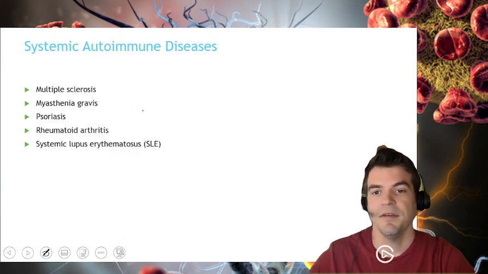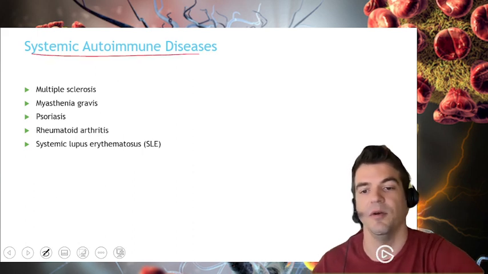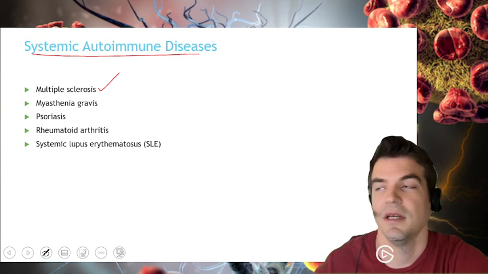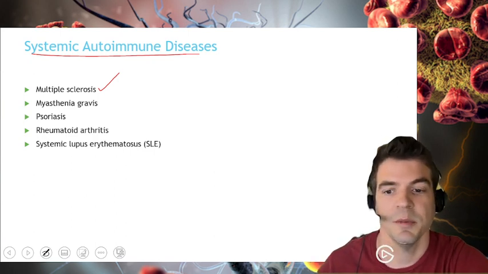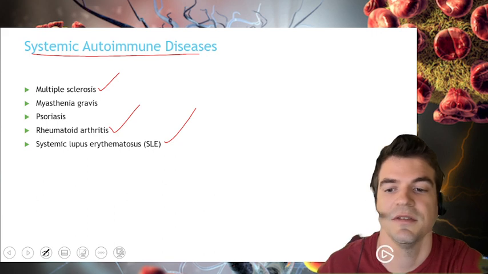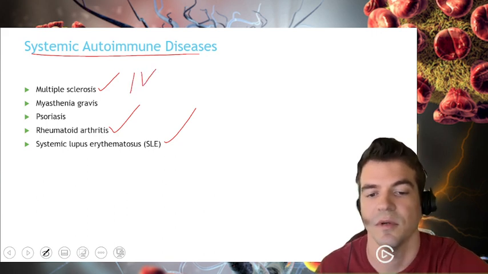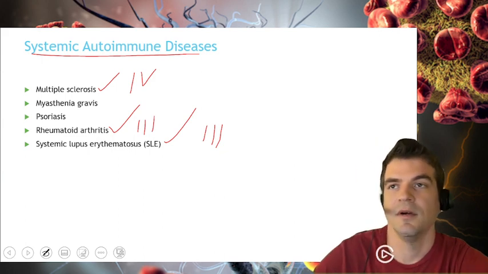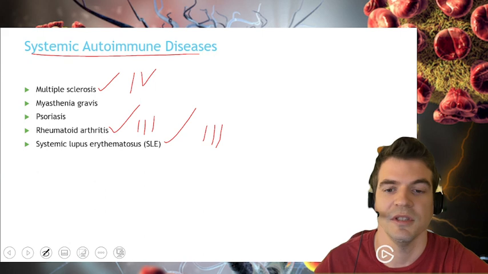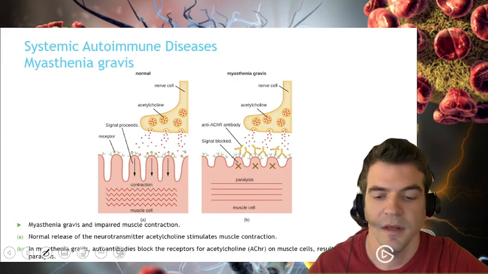And then we have our systemic autoimmune diseases. We saw multiple sclerosis was a type 4 hypersensitivity, and rheumatoid arthritis and lupus were type 3 hypersensitivities. 4 and 3. So these are systemic versions of them.